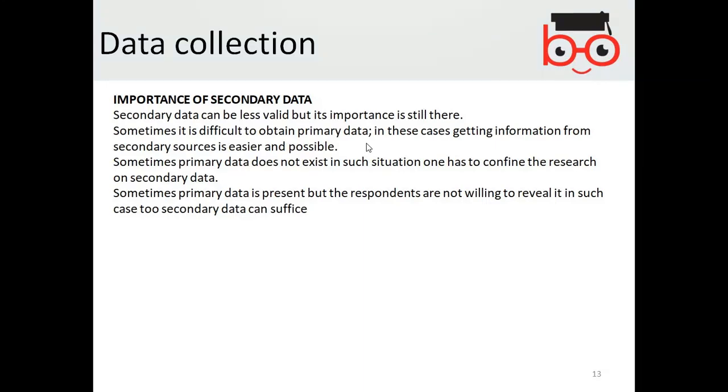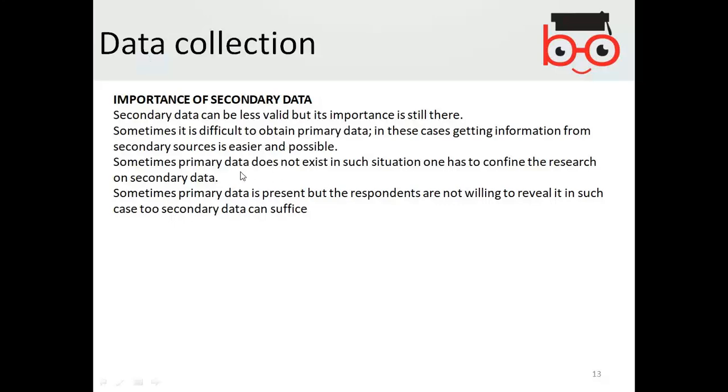In these cases, getting information from secondary sources is easier and possible, because if you need primary data, you will need to carry out the research. But if you refer to existing data, it becomes secondary data for you, and it is easy to obtain.